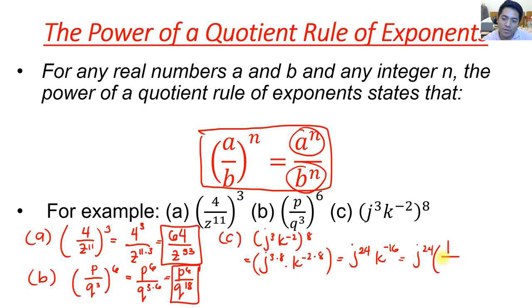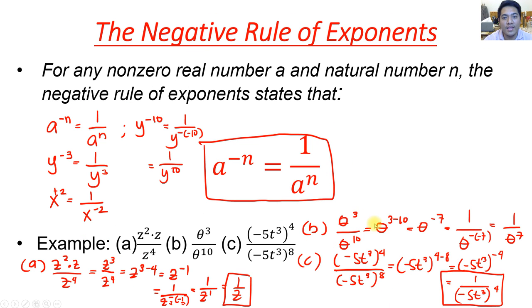So this will become 1 all over k raised to 16. Simplifying, you have j raised to 24 all over k raised to 16. As much as possible, in the final answer we don't want any negative exponents. That's why we use the rule of negative exponents to eliminate the negative exponent in our final answer.